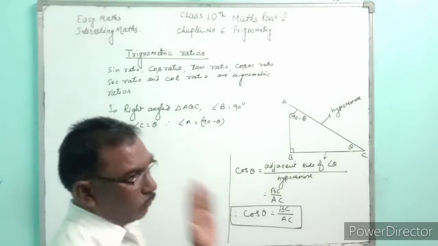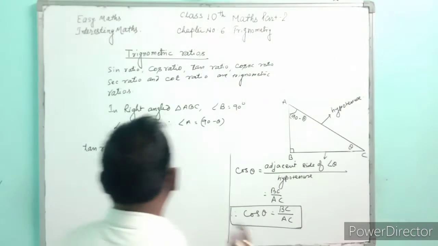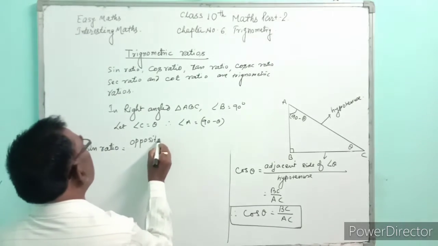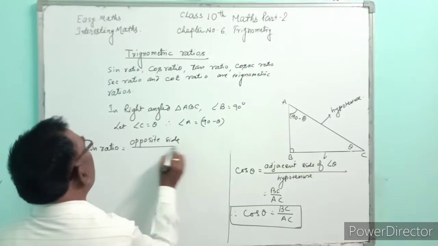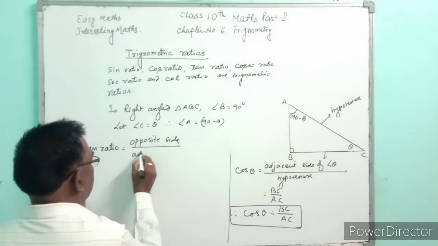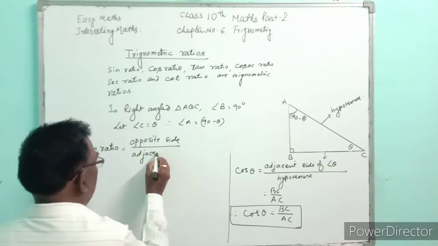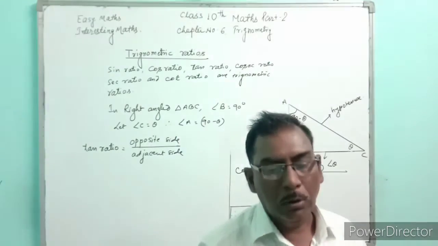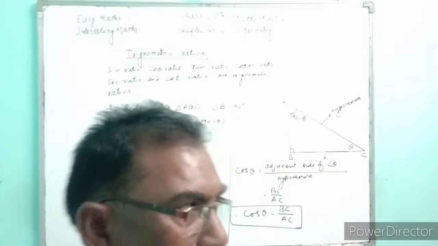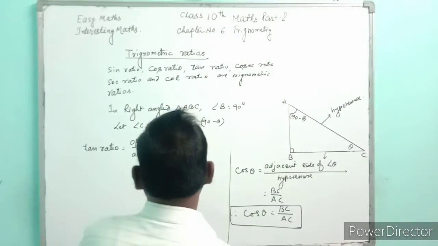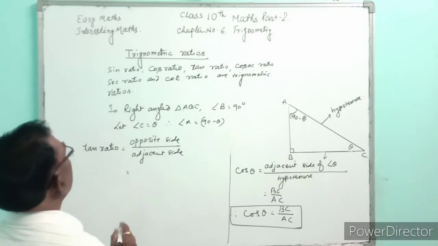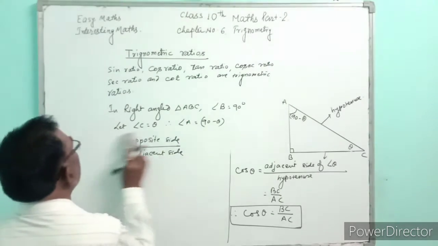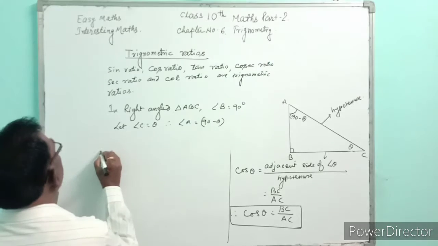Tan ratio is equal to opposite side upon adjacent side. You have studied this, but we are recalling it. Now, let us write tan theta.